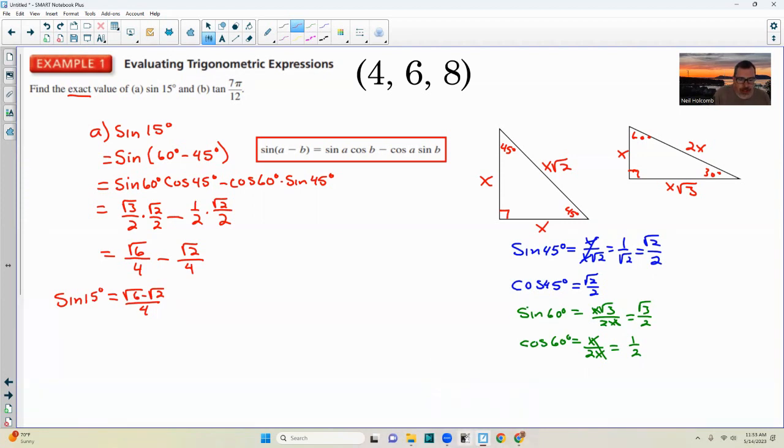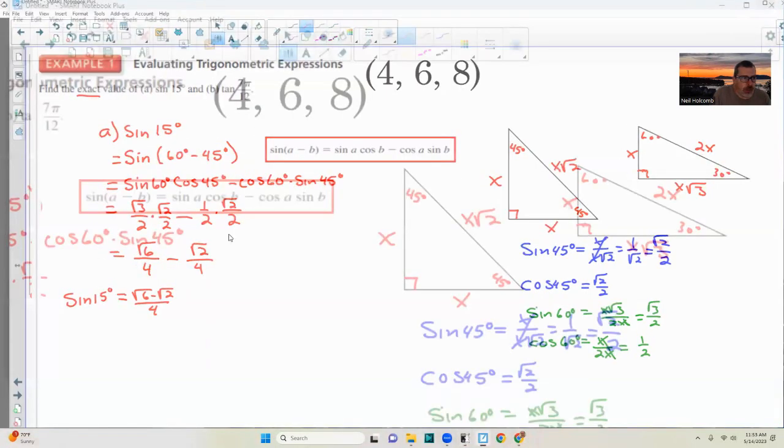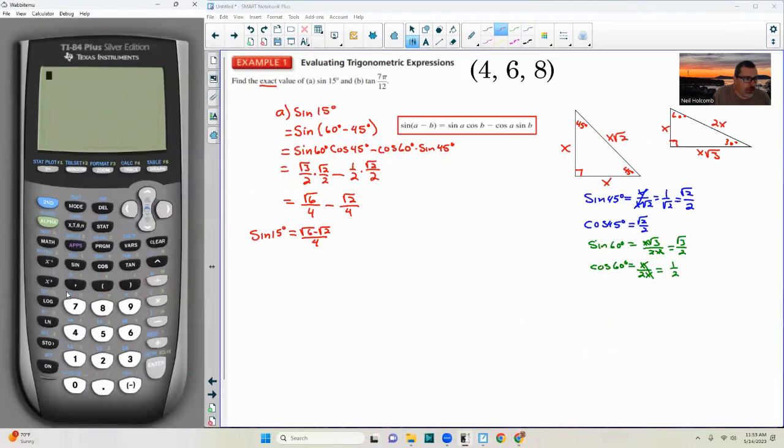Okay, and in the book, it says check with a calculator. So let's do that. What they mean by that is do sine 15 and make sure you're in degree mode. Whoops, what happened there? Clear, clear, clear. Sine 15, close parentheses, enter. So it's 0.25888.